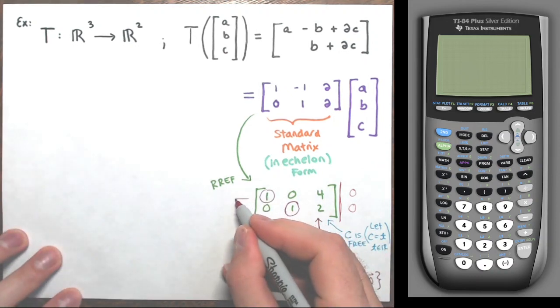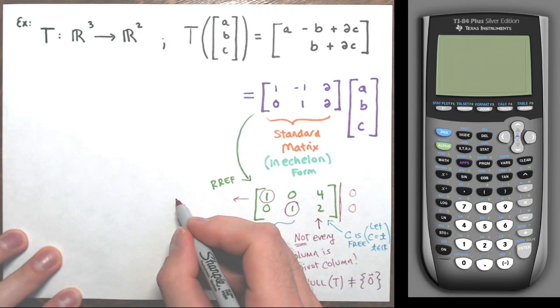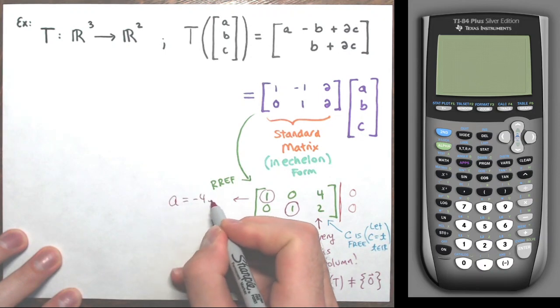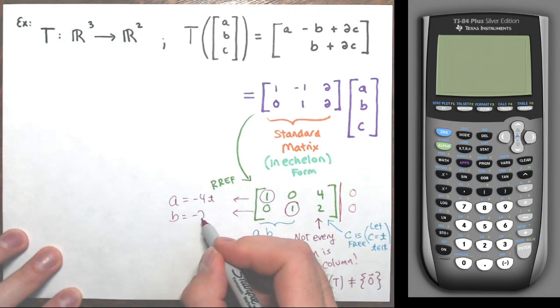Then from the first row, we're seeing that A plus 4C, or A plus 4T, equals 0, meaning A equals negative 4T. I'm just subtracting 4T. And from the second row, B plus 2C, or 2T, equals 0, so B equals negative 2T.